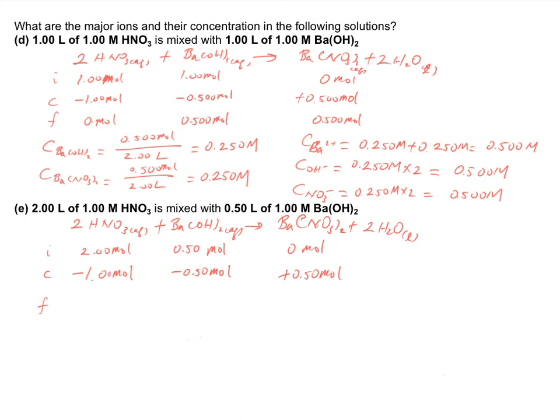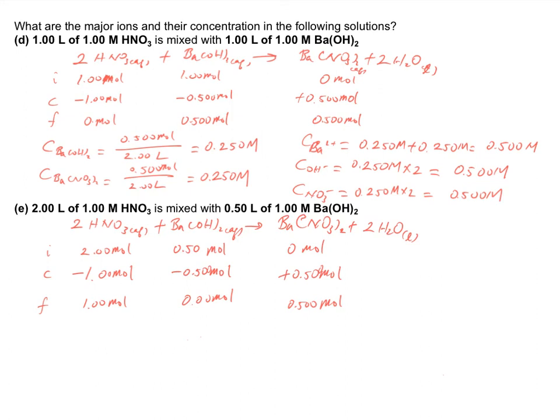At the final, we have 1.00 mole of nitric acid remaining, 0.00 mole of barium hydroxide remaining, and 0.500 mole of barium nitrate remaining. In the final solution, we have a strong acid and an ionic compound, barium nitrate, remaining, with no barium hydroxide.